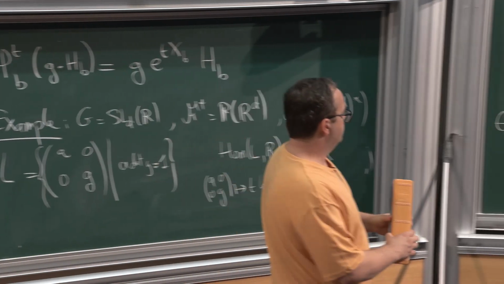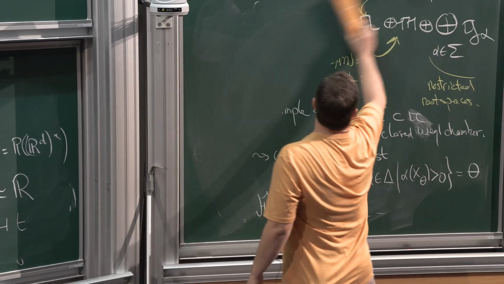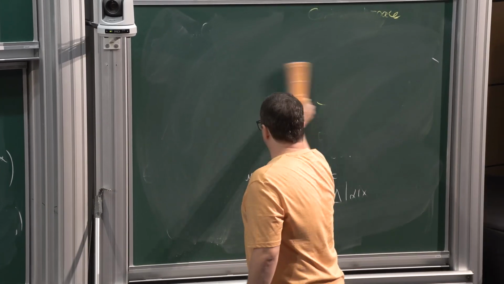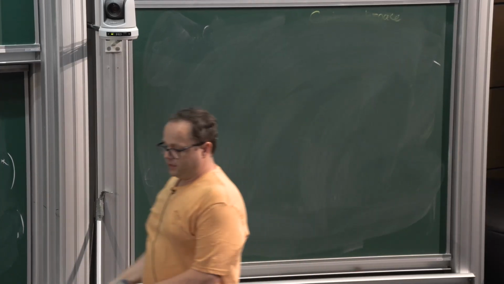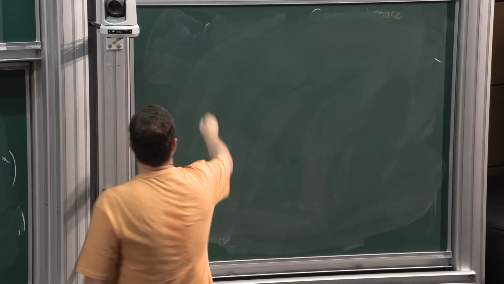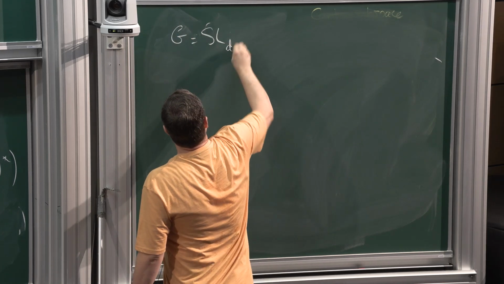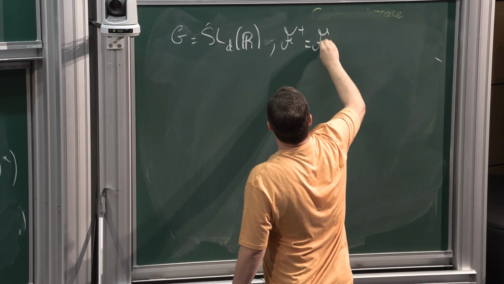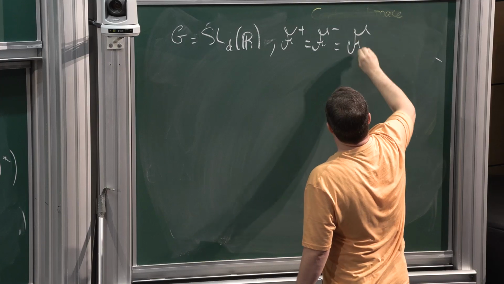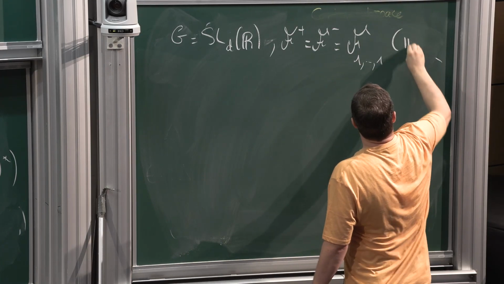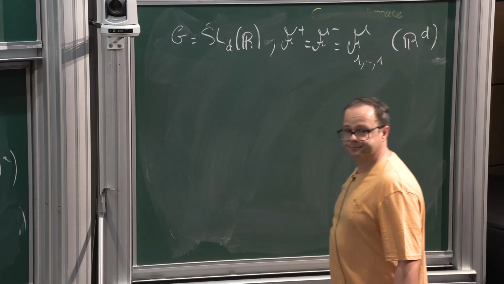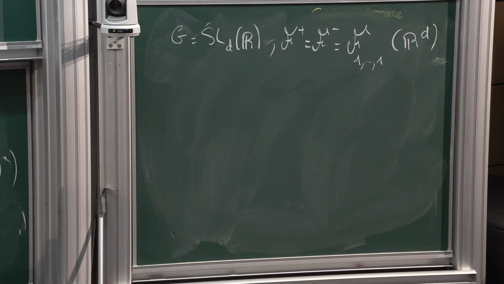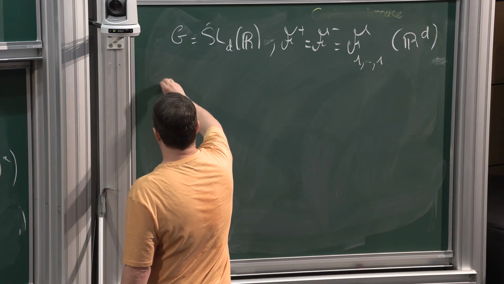But now if you move to stay with SL_d but do the full flag manifold, so F plus will be equal to F minus here, and be the full flag manifold. Then your L will be diagonal matrices.